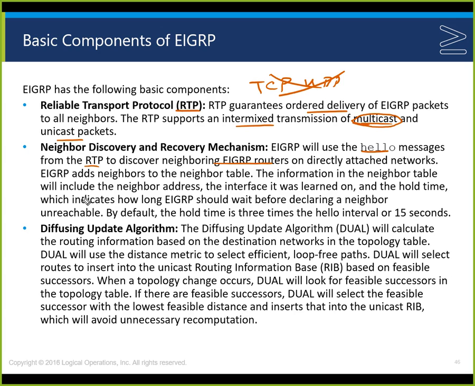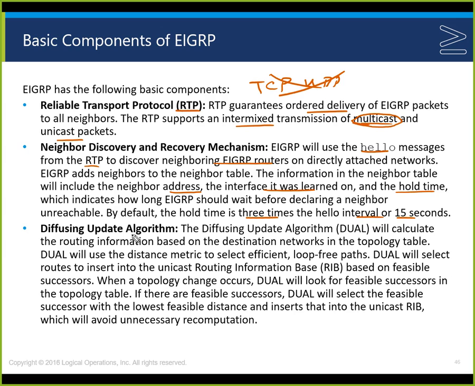The information in the neighbor table includes the neighbor address, the interface it was learned on, and the hold time, which is how long it will wait before declaring a neighbor unreachable if it doesn't get another hello or an answer to a hello. The hold time, and we saw that, is 3 times the hello interval of 5 seconds, so 15 seconds.